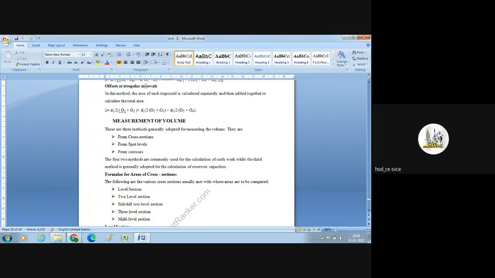It started from the point A, right? Meridian distance we have taken as 0 at the point A, and next coming to the departure distance from the meridian line itself.